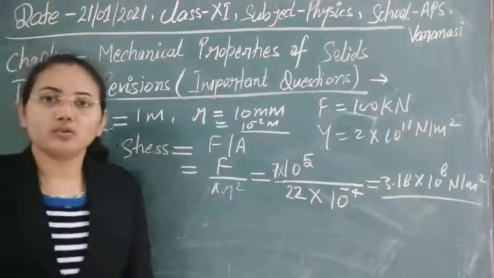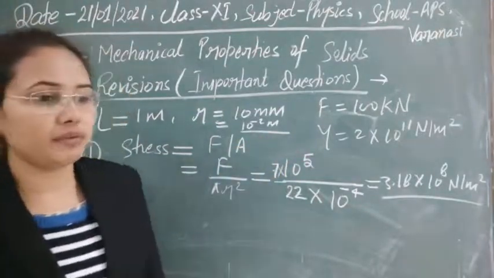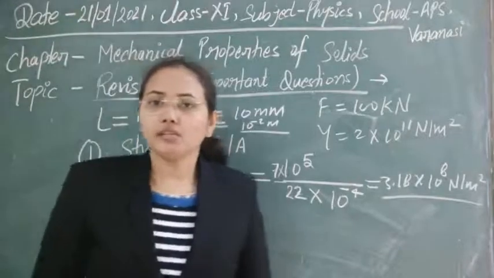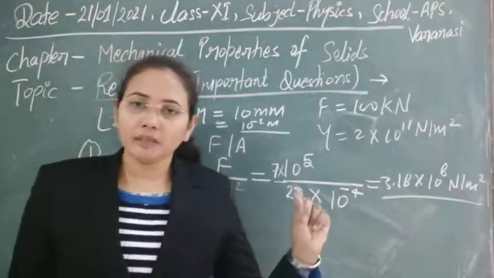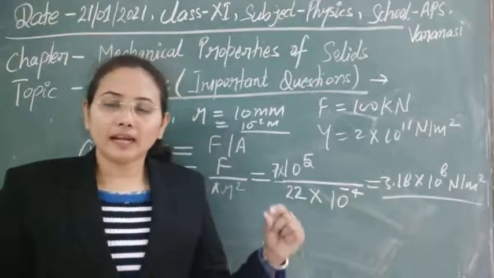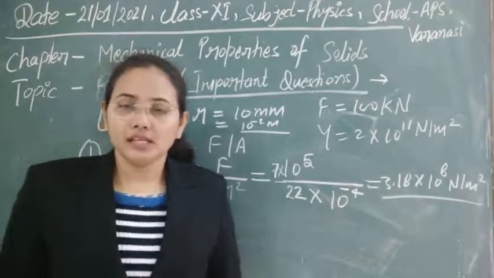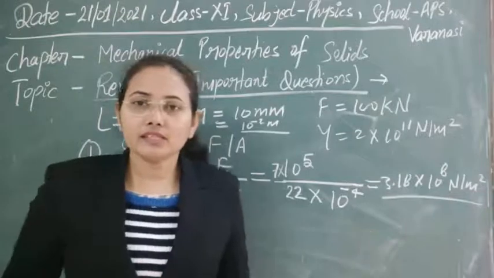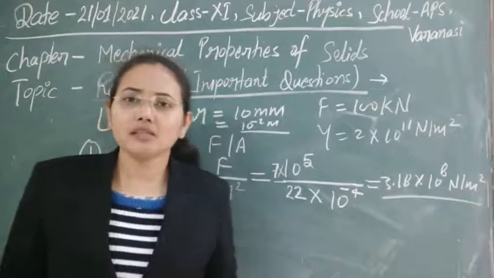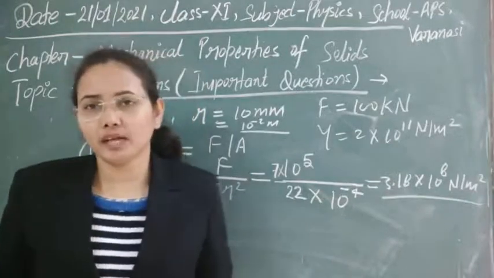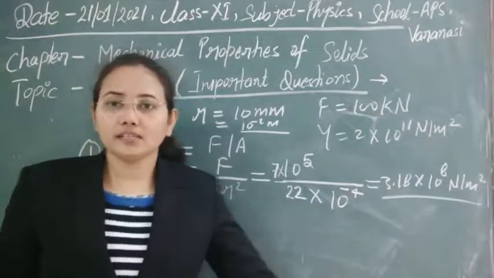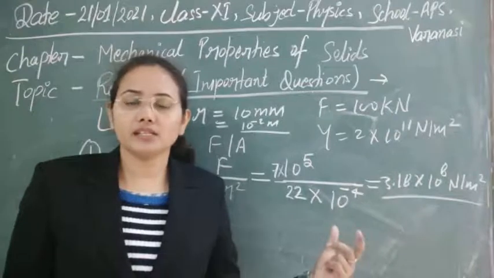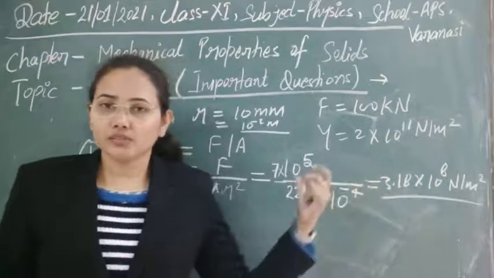So I think now there is no problem whenever you have to calculate anything. Suppose we have a rod that has a rectangular cross section. Then if length and breadth are given, you can easily calculate its area. And if the cross section is square, then obviously you can calculate its area by a square if the side is given.